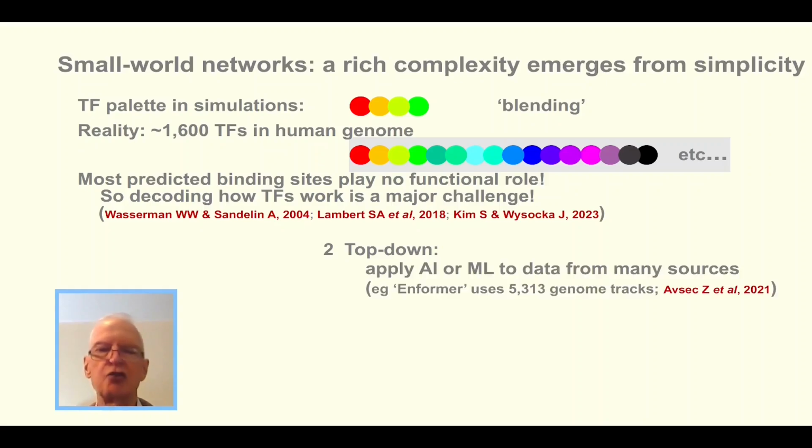There's also a top-down approach that most people are using. You just ask your favorite AI or machine learning program and apply it to data from as many sources as you possibly can and seek the answer. Of course, you don't really know what's happening. I think everybody will agree that progress is being made, but it's very slow, and I recommend that you read this review.